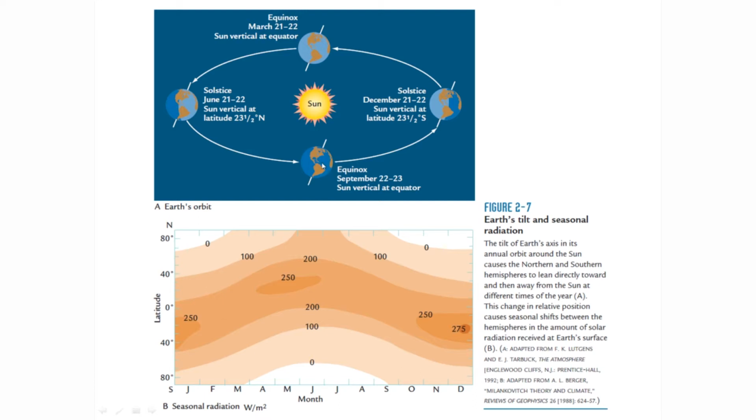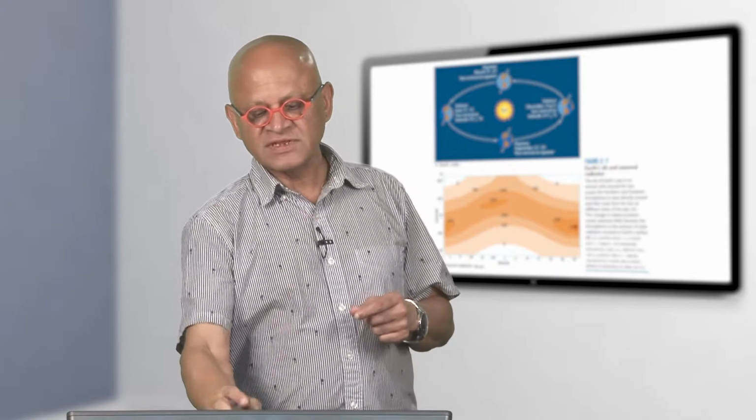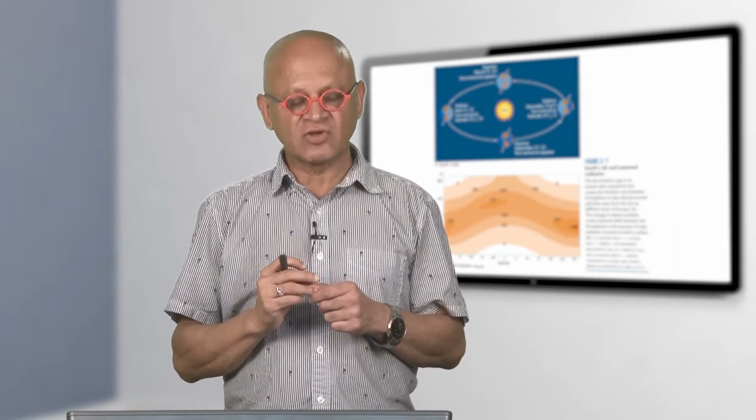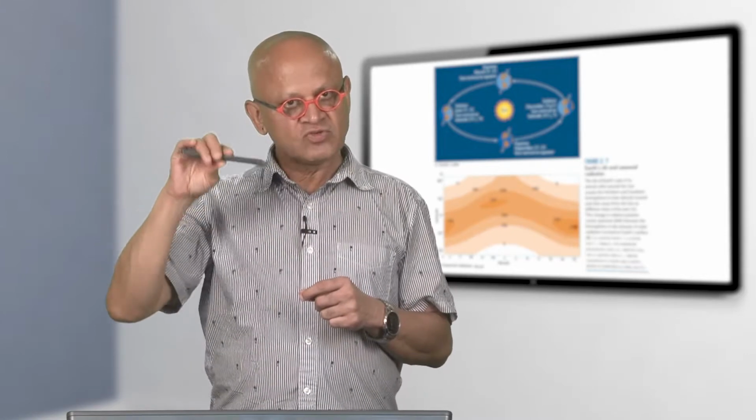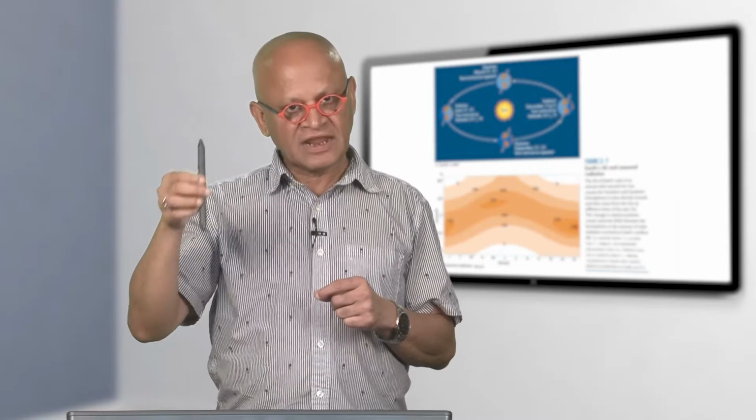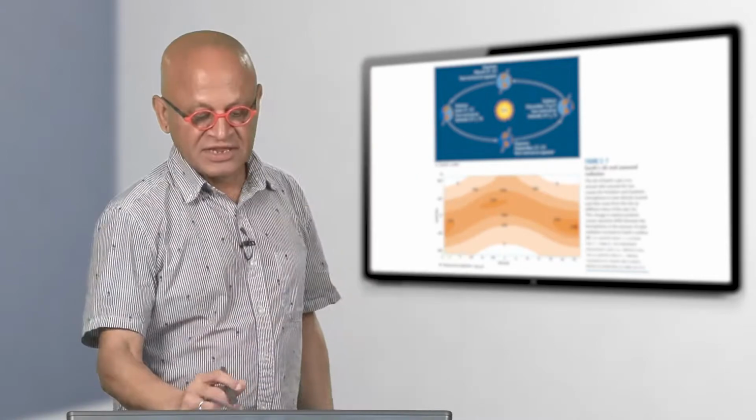So all latitudes experience the same length of day and night. The length of day will be different at each latitude, but at any given latitude the length of day and night will be the same during the two equinoxes. And when it's pointing away from the Sun, we have our winter during the December solstice. Because of this tilt we get seasons on Earth, because if it was not tilted and going around straight like this, all latitudes would be seeing the same amount of sunlight all year long, so you would not get any seasons.